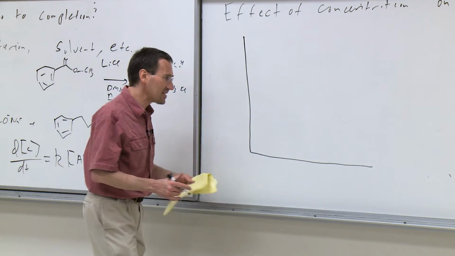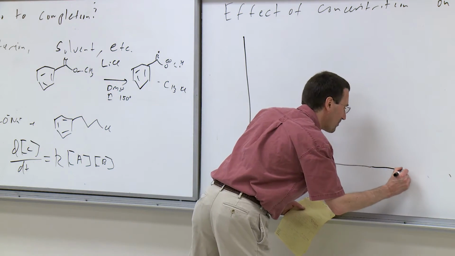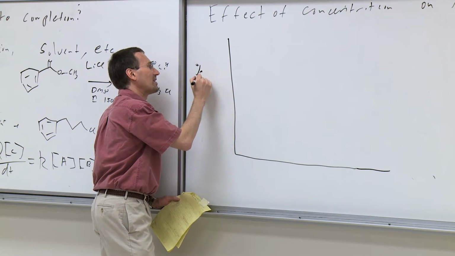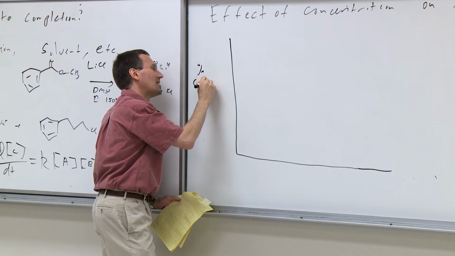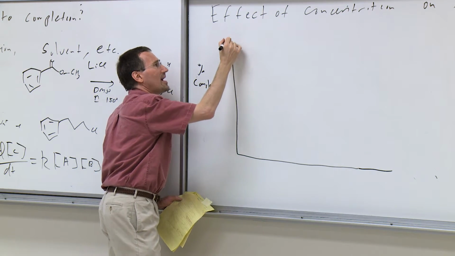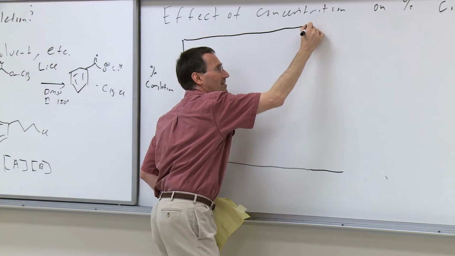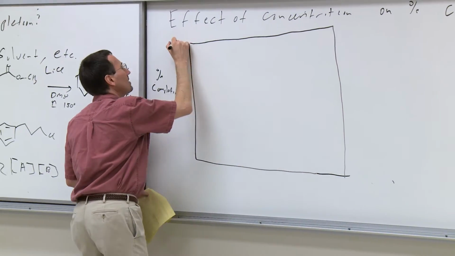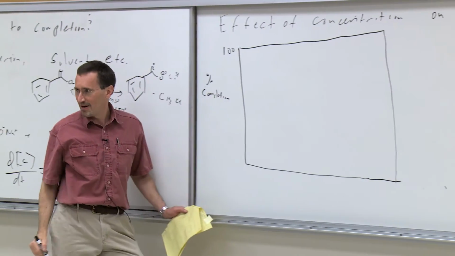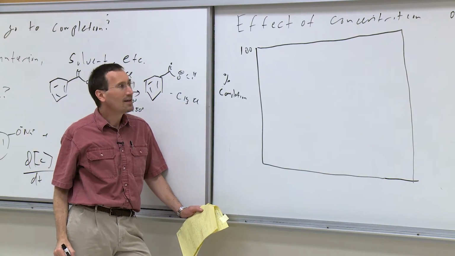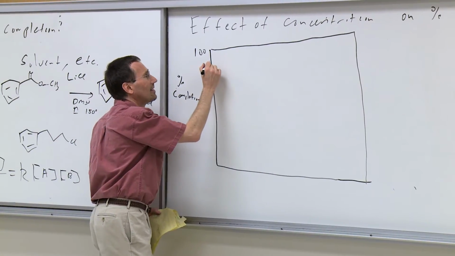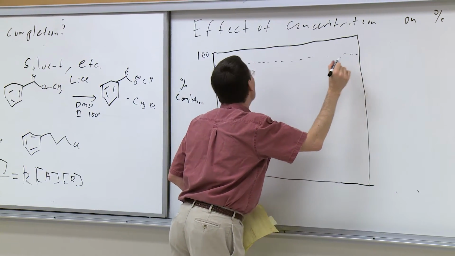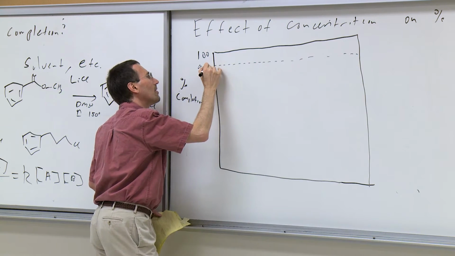So I want to give us a hypothetical example, and this example may be a little different than my drawing. This is the percent completion, and I'm going to make a graph here. At the top of the graph, I'm going to put 100%. And I'm going to draw a little dotted line as a guideline for 90%.